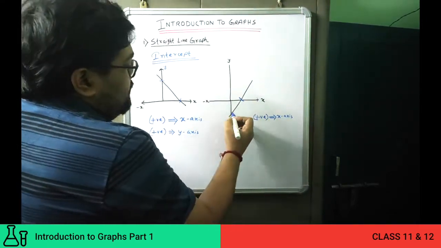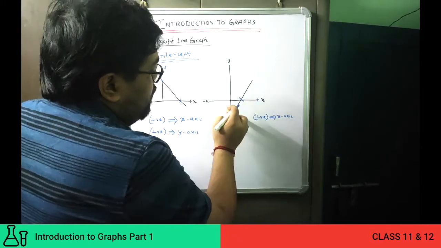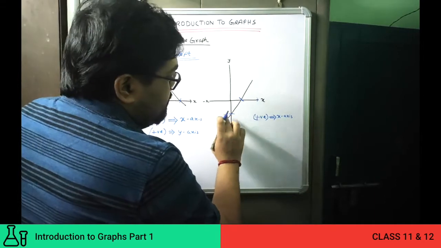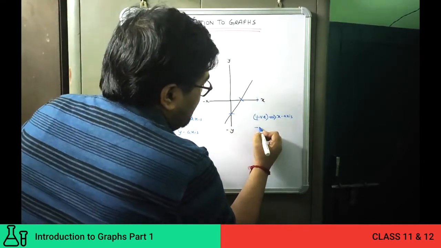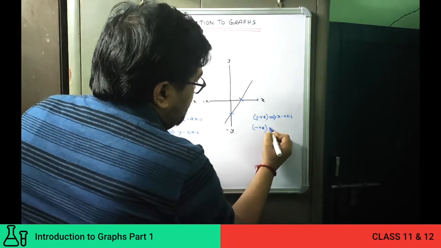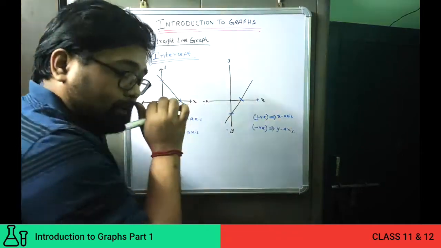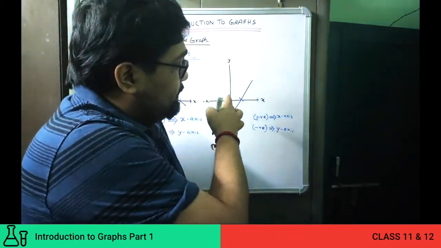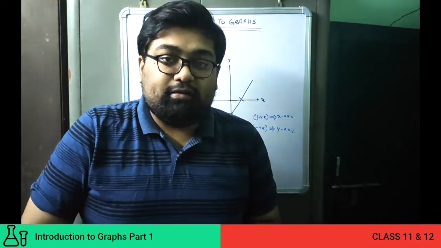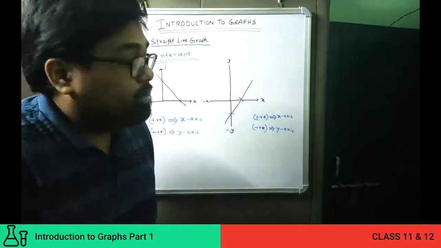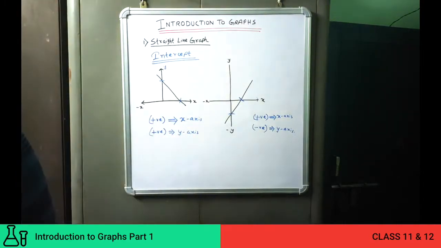But here you see that the line intersects the y-axis in its negative region. This is the negative y-axis. So, the intercept will be negative with respect to y-axis. Understood? So, by looking at the line, we have to define whether the intercept is positive or negative with respect to this x and this y axis.